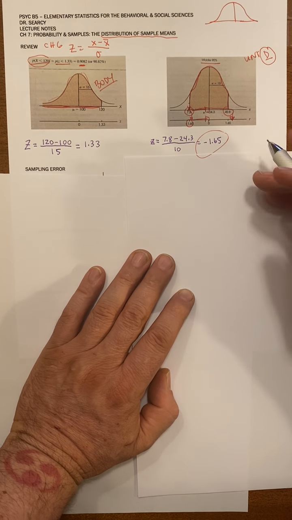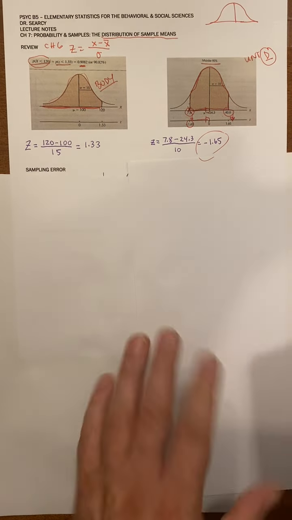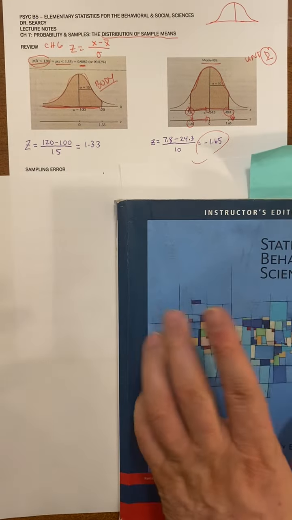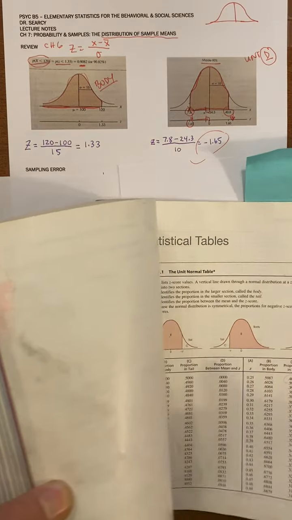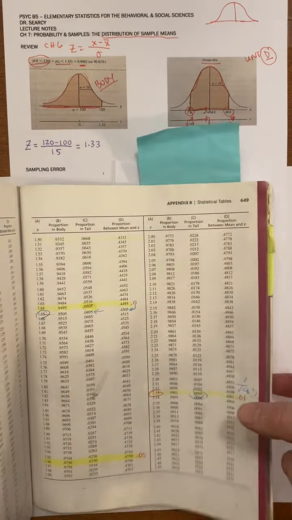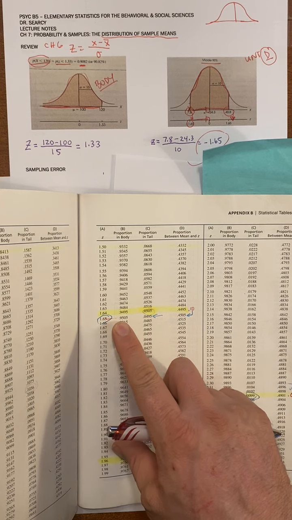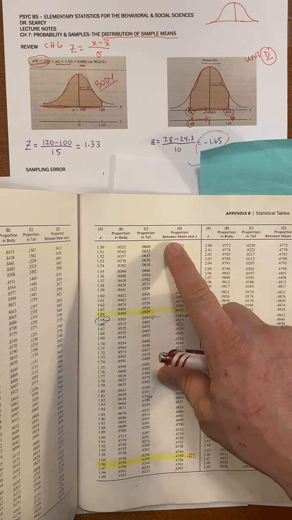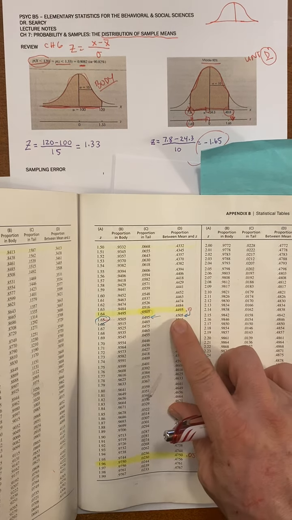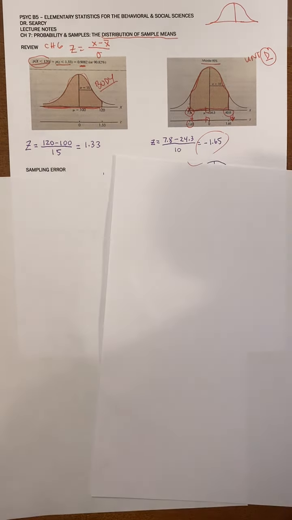I thought I wrote it down, it looks like I didn't, so I'll look it up. I'm going to find 1.65 because it doesn't matter if the number is negative or positive. From there, I'm going to go to the D column, the proportion between the mean and the z, and I see that I've got 0.4505.